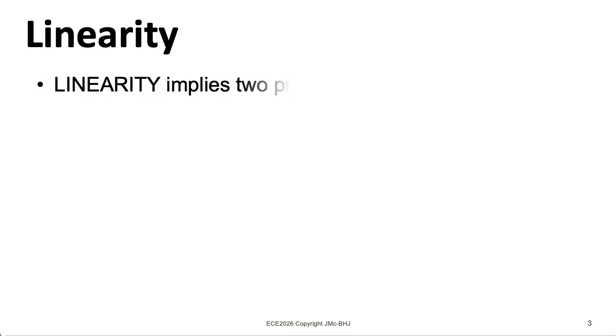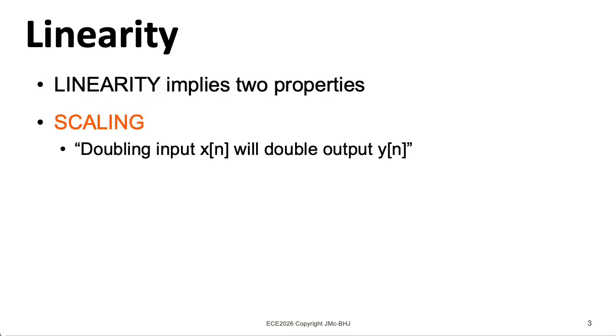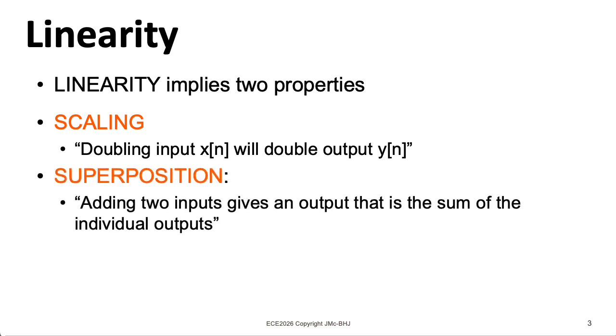Let's talk about linearity. A system is linear if it has two properties. One is the scaling property. Essentially, if you have an input and an output and you scale the input, you get the same output equivalently scaled. The other is the superposition property.